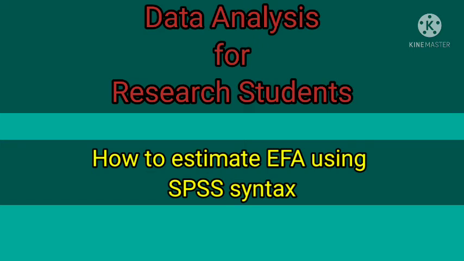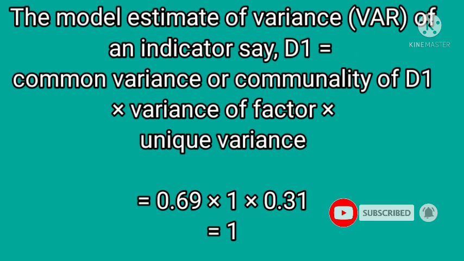The model estimate of variance VAR of an indicator, say D1, is equal to common variance or communality of D1 multiplied with variance of factor plus unique variance, that is equal to 0.69 into 1 plus 0.31, that is equal to 1.